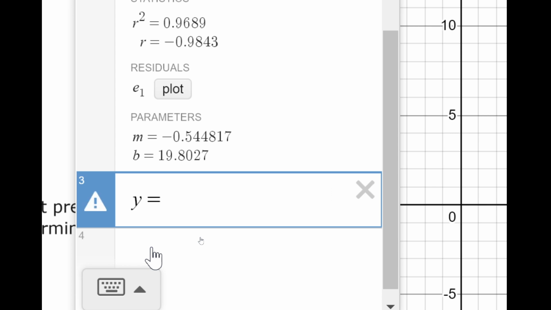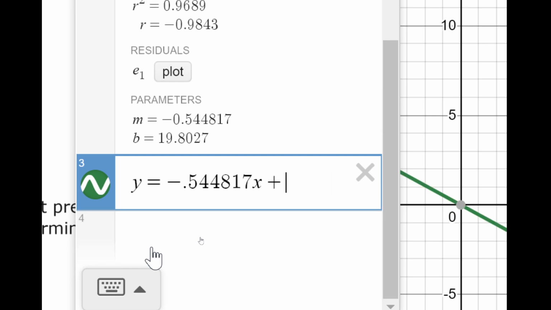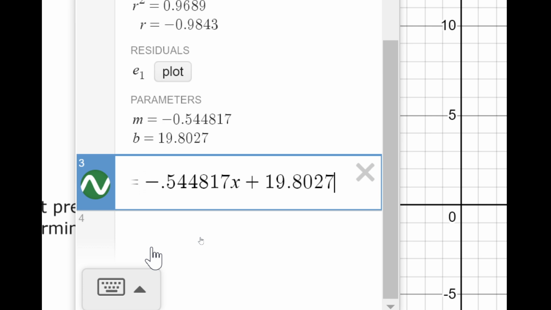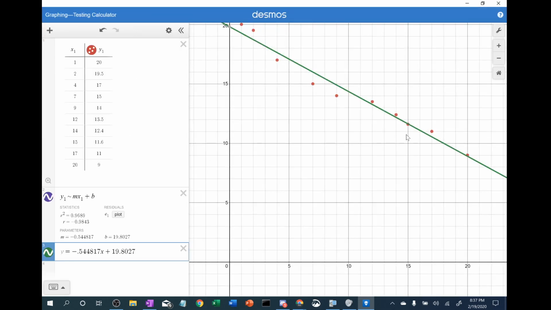Y equals negative 0.544817 x plus 19.8027. Okay, and it's going to plot that line now. And I'll let you see what that looks like and see how we've plotted what's called the regression equation for the linear data.